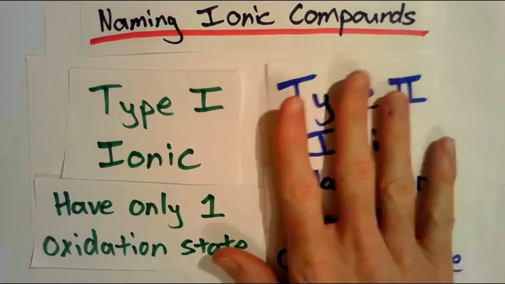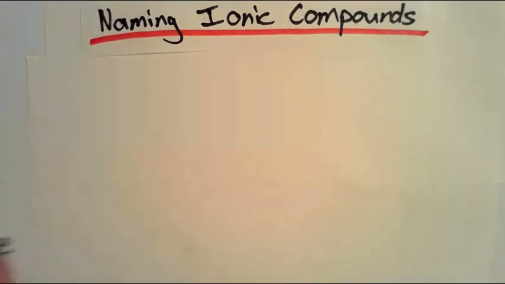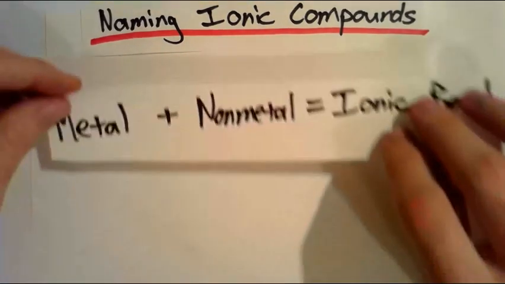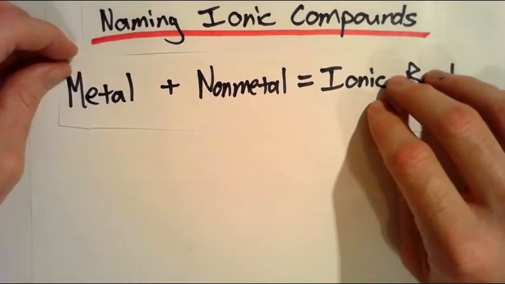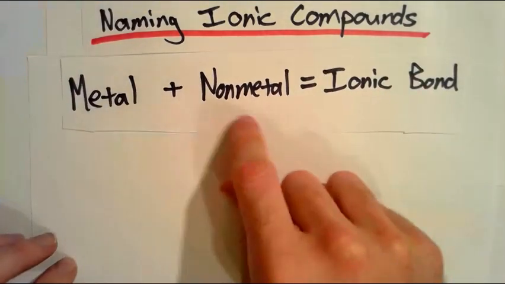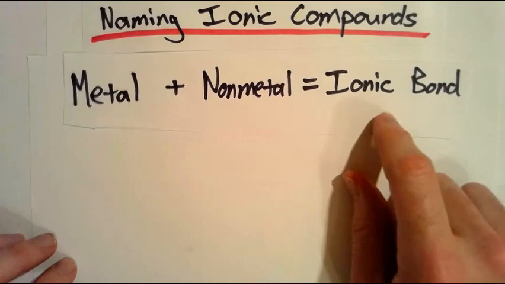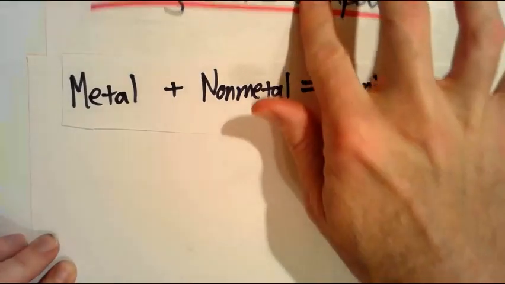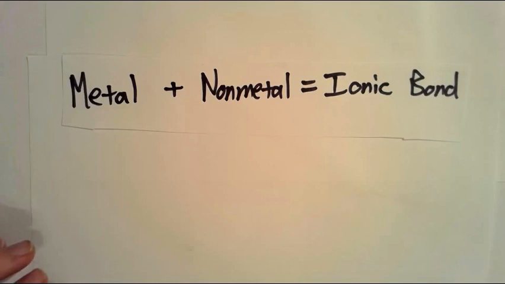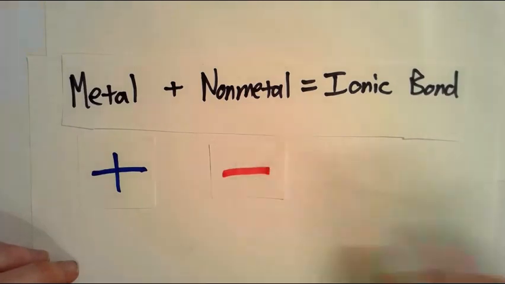So let's review what an ionic bond is. An ionic bond is a mutual attraction between a metal and a nonmetal. The metal is always going to be positively charged, and the nonmetal is always going to be negatively charged.